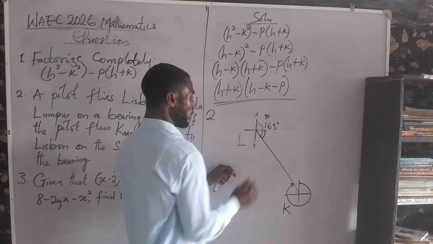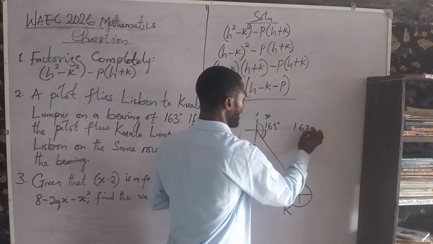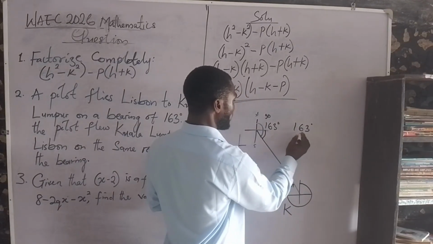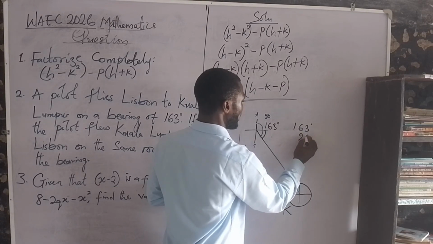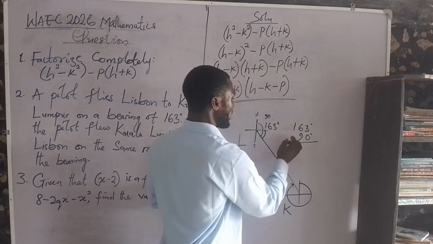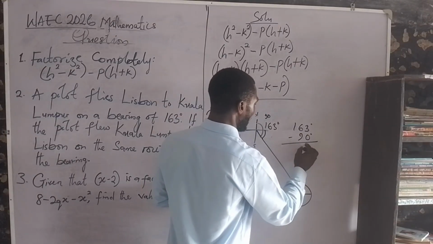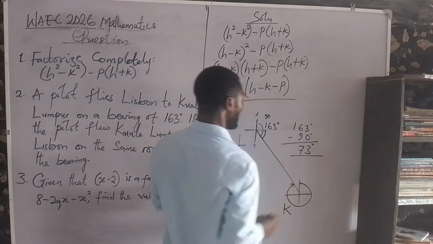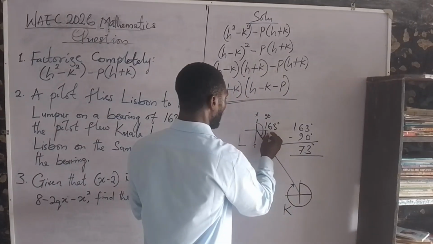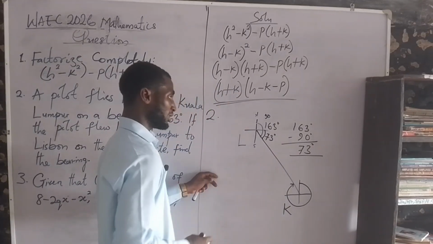For us to get this point, we are simply going to subtract 90 from 163 degrees. When we do that, we are going to have 3 here and 7 here. That's 73 degrees. So the angle here is 73 degrees.